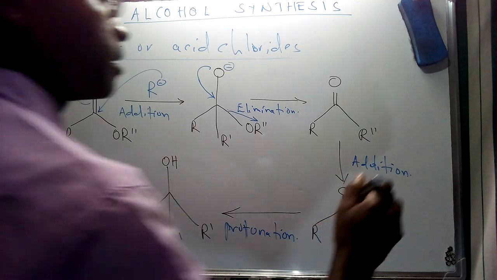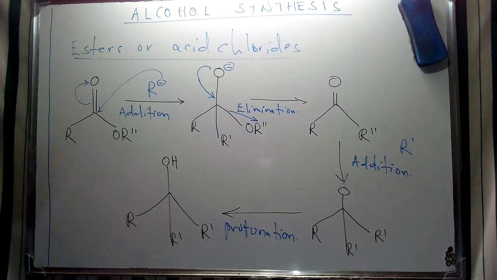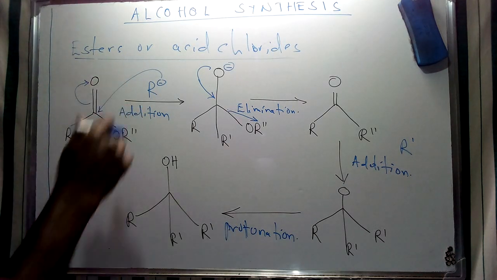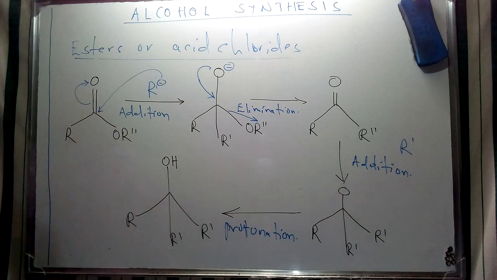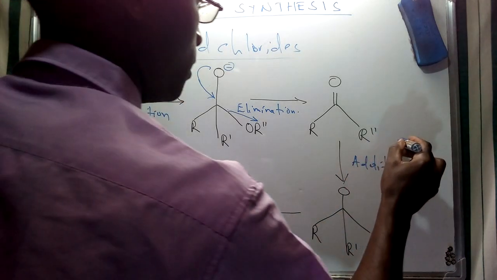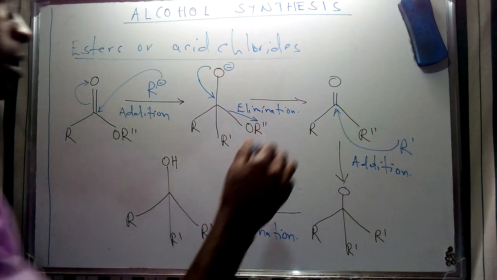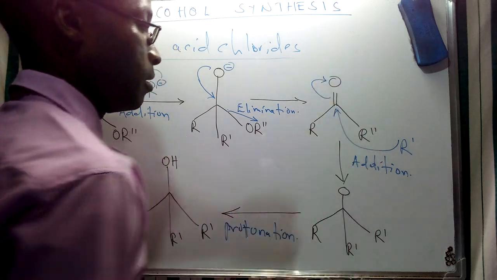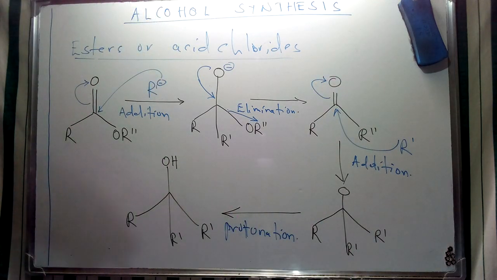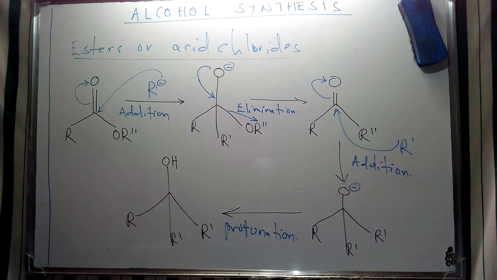And the subsequent R prime, as I've illustrated, I'm going to have this one as R prime. The subsequent carbanion is going to attack this specific point, and this is going to move to this O group, and this is going to form a subsequent negative charge on the O at that specific point.